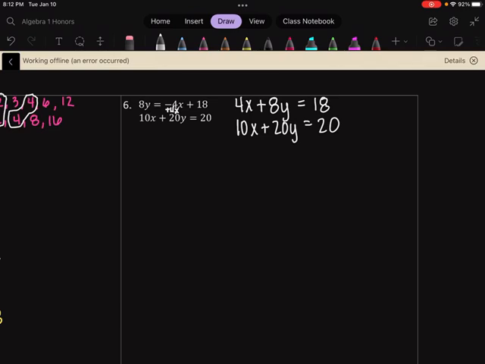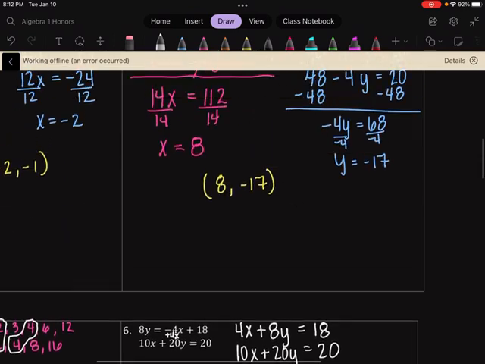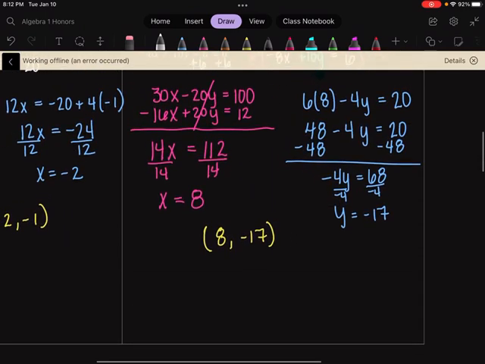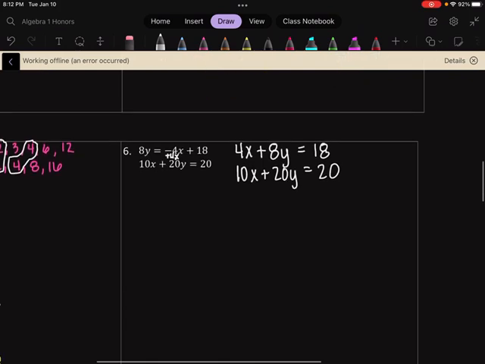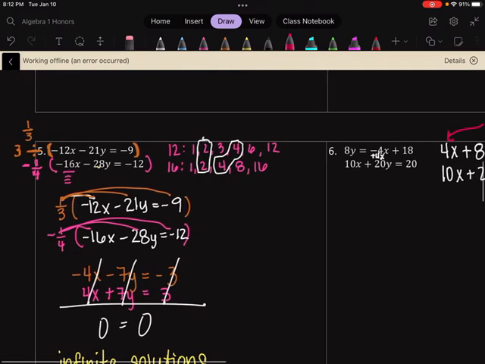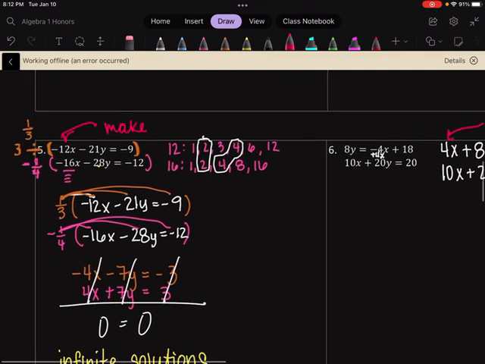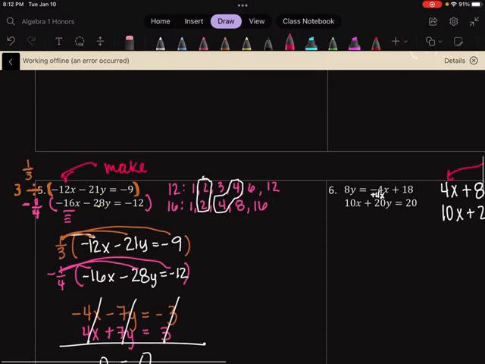Oh well, we kind of already did one like this. 4 and 10, the least common multiple is 20. So I want to make these guys 20. I didn't do that over here. I wanted to make these guys 4 and negative 4.